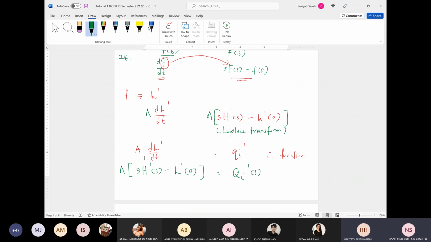That's how you can do the Laplace transform for the deviation variable. In this case, the differential equation is a little bit different, you have to follow the form. If only a variable is involved, then you just change from the small letter to the capital letter, and then you include the s bracket to show it has been Laplace transformed.